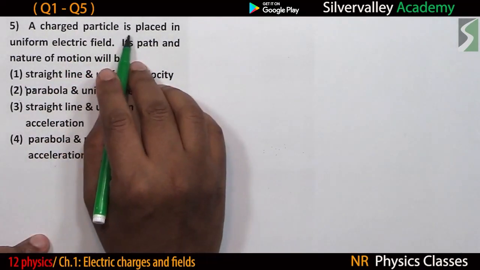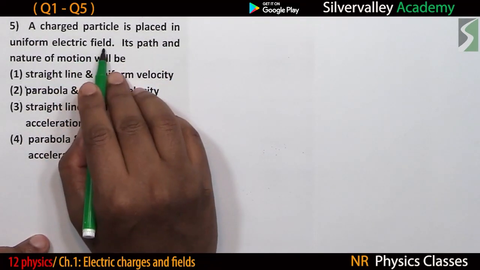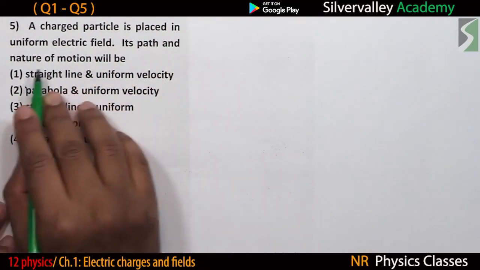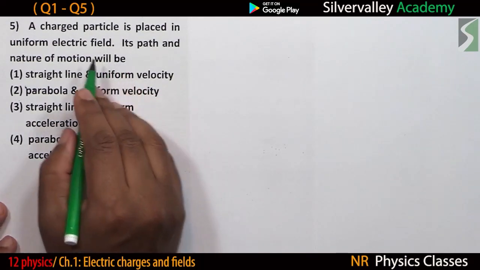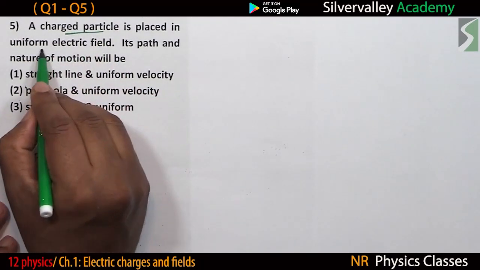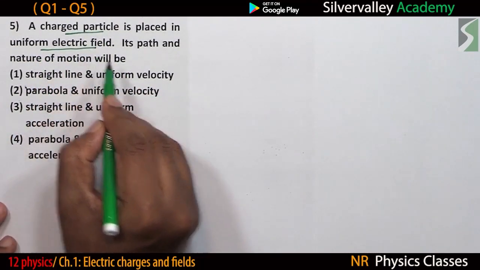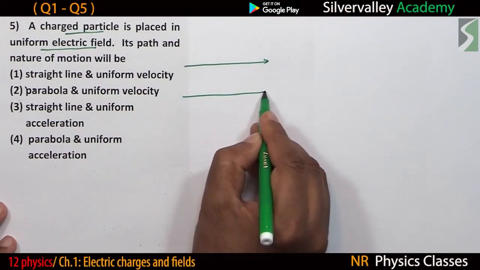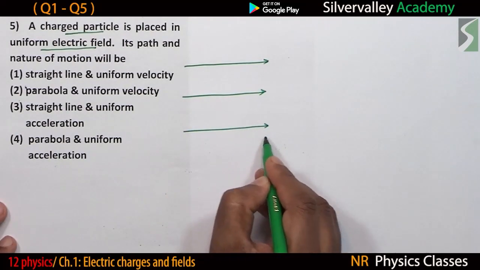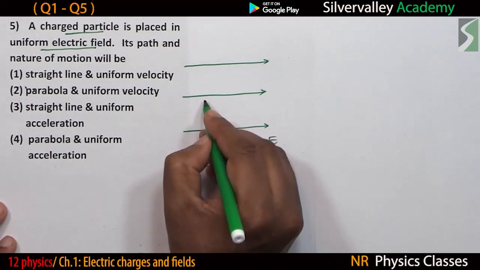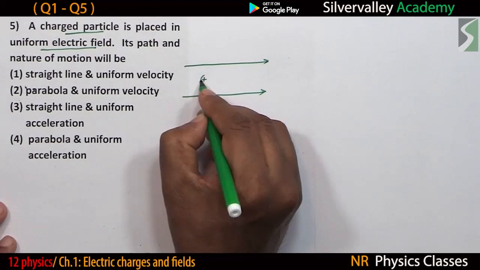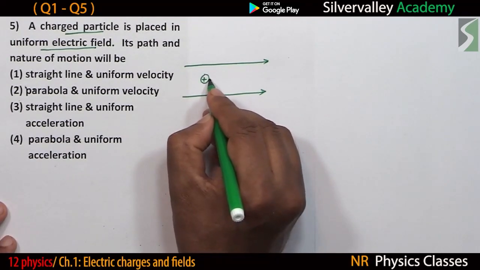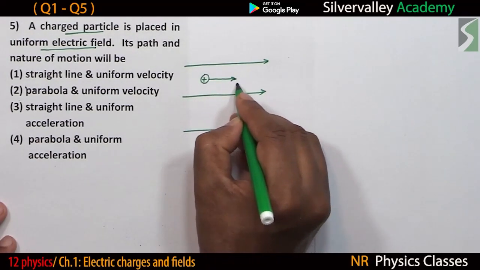A charged particle is placed in uniform electric field. Its path and nature of motion will be straight line. This is uniform electric field. Charged particle plus experiences force in the direction of the field.